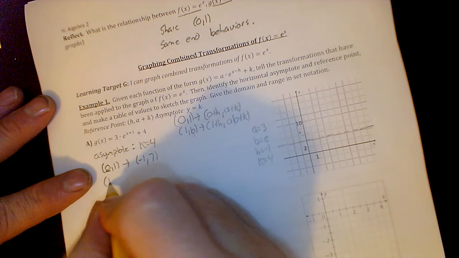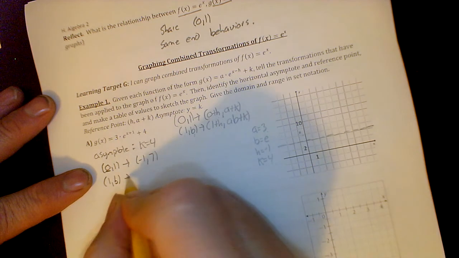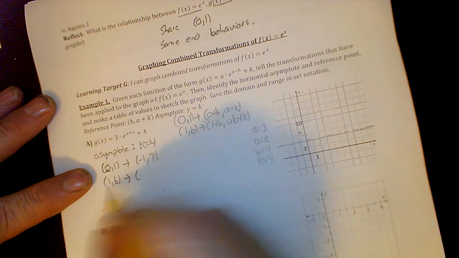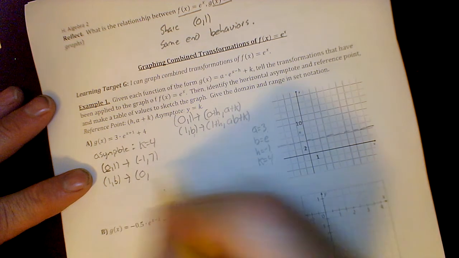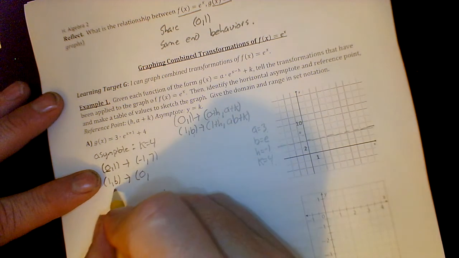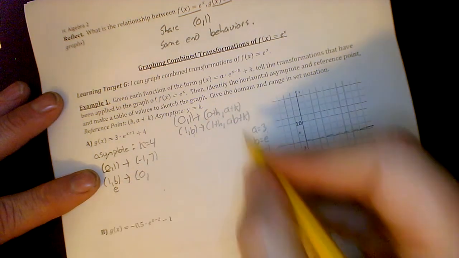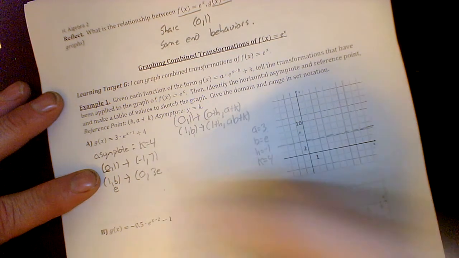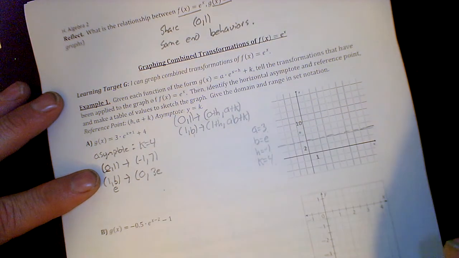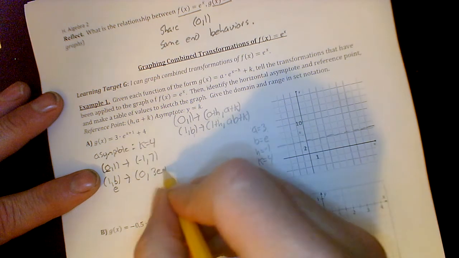And then we have our (1, b), which will change into, let's just do this. That 1 gets added to h, so 1 plus negative 1 is 0. This base, which we know is e, so a times e, that is 3e. We're going to leave it just like that, and then you can use a calculator to evaluate, plus 4.